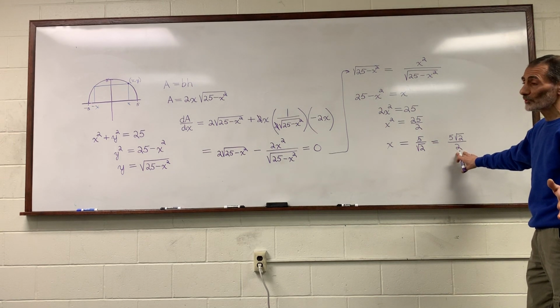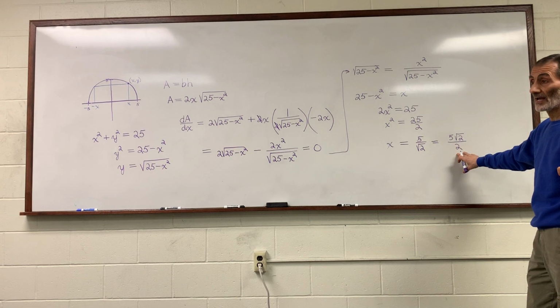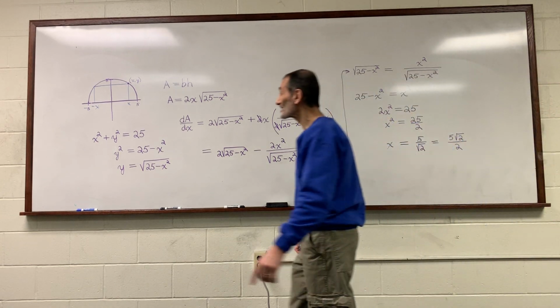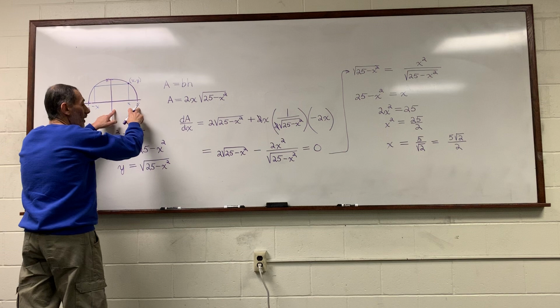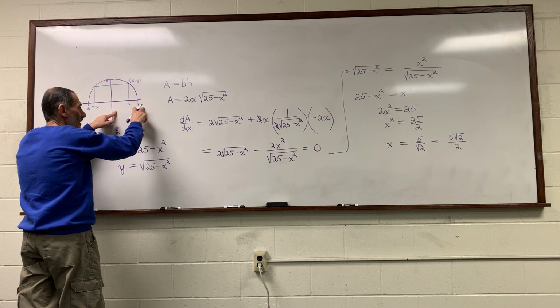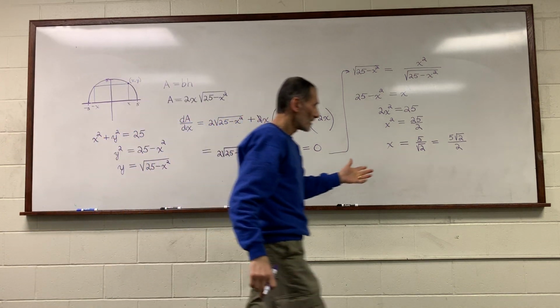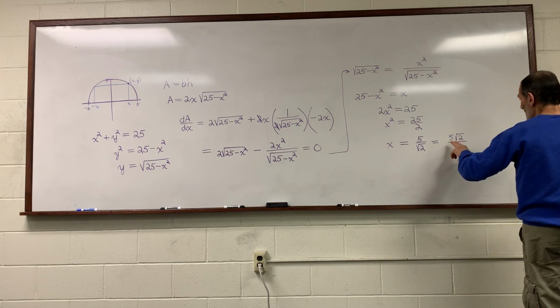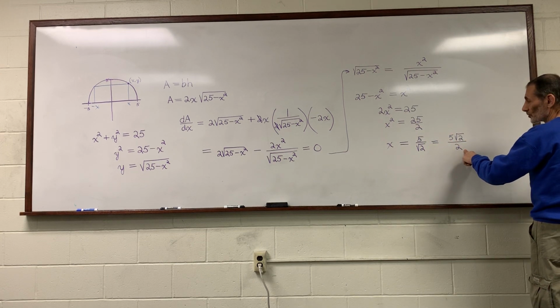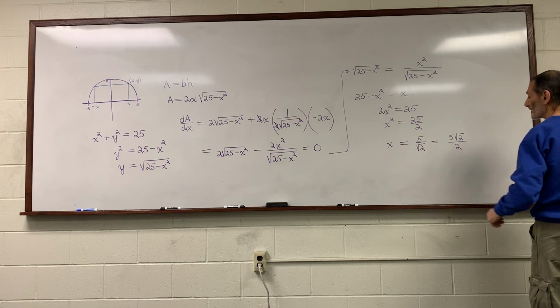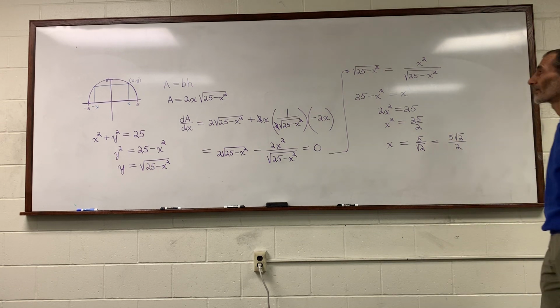Now, make sure that your answer makes sense, if nothing else. Remember, x has to be between 0 and 5. It cannot be greater than 5. All right? The square root of 2 over 2 is less than 1. So 5 times that is clearly less than 5. So we're okay there.